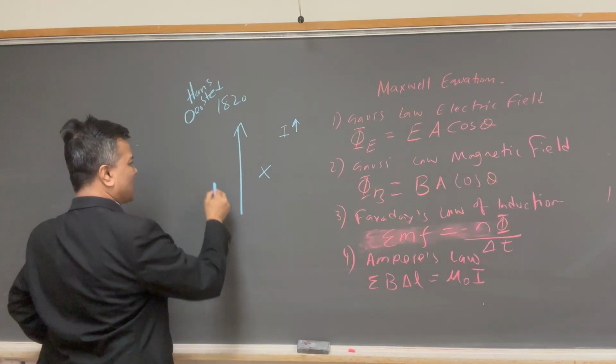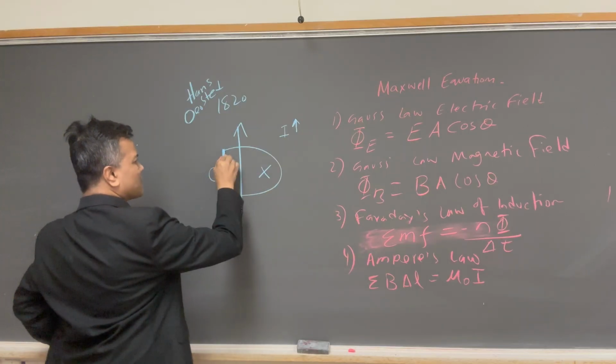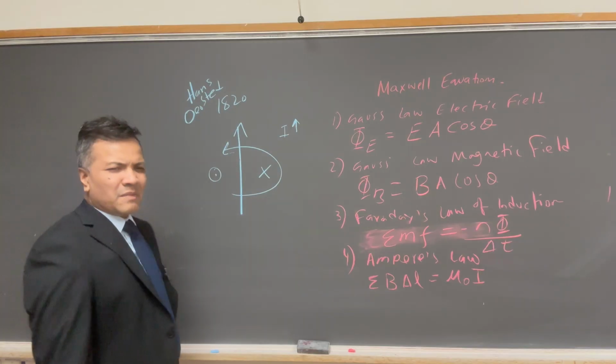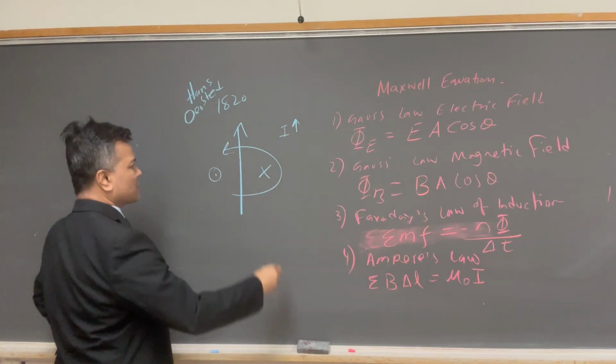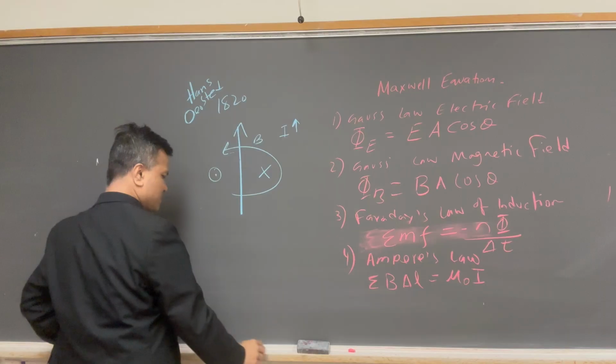The field goes inside and comes outside. So yes, magnetic field is counterclockwise.